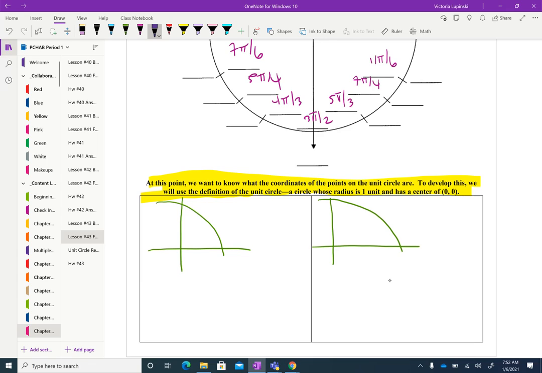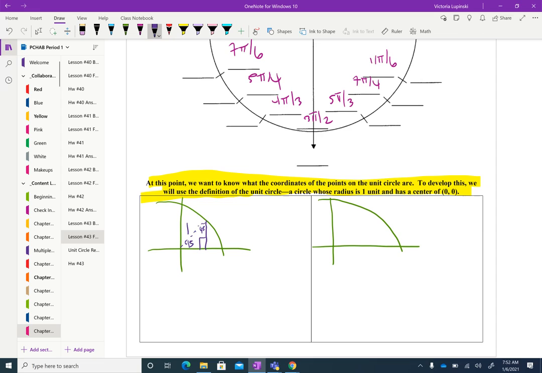So think about what that would look like. That essentially means that I would be cutting the quadrant exactly in half. If I was to drop a perpendicular, that would be a right triangle. The radius of the unit circle has to be 1, which is the hypotenuse. That would make 45 and 45 for each of those angles.